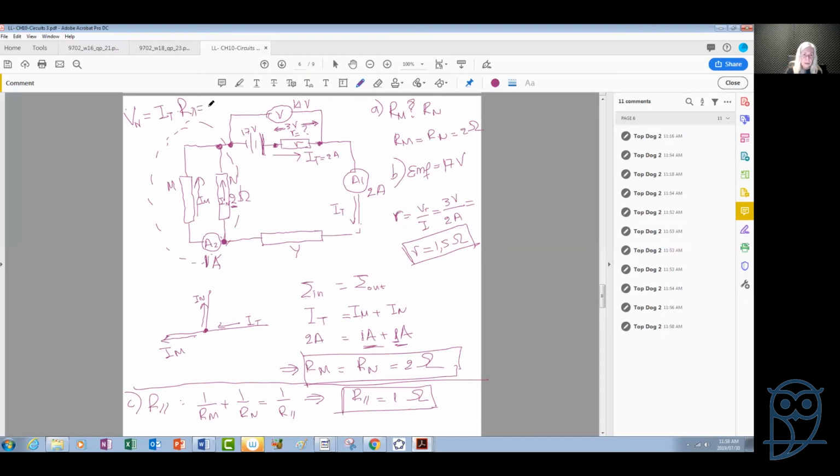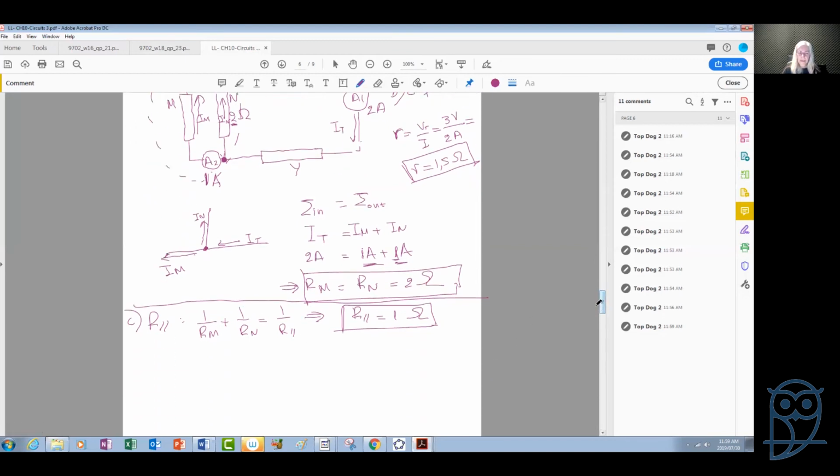And this is now 2 amperes, because the total current is 2 amperes, times 1 ohm, because we just found that this is 1 ohm, and this is 2 volts. So there is our answer, the potential difference across this parallel connection. They told us across the resistor N. We found this is 2 volts. All right.